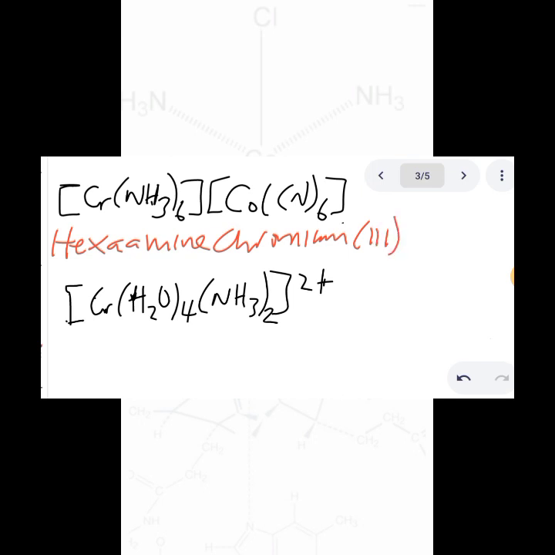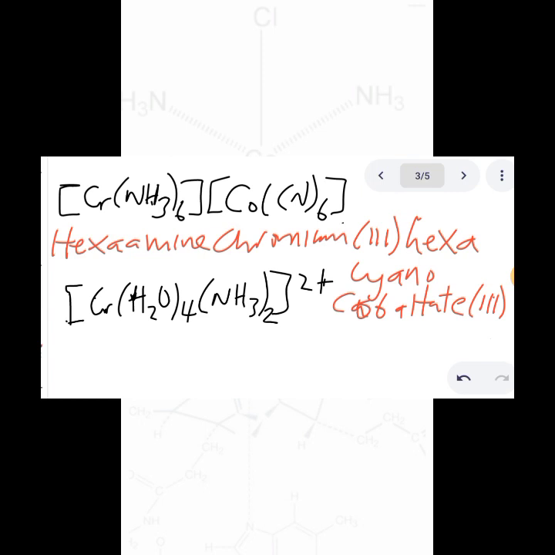Now, while naming the anionic part, the name of the central metal atom here, which is cobalt, will end with ate because this is the anionic part. So we have hexacyanocobaltate 3.